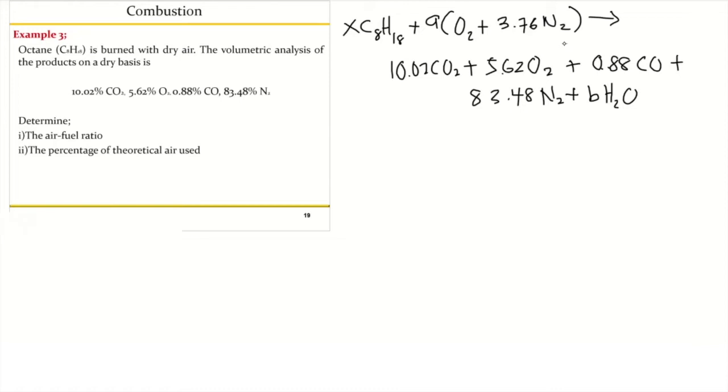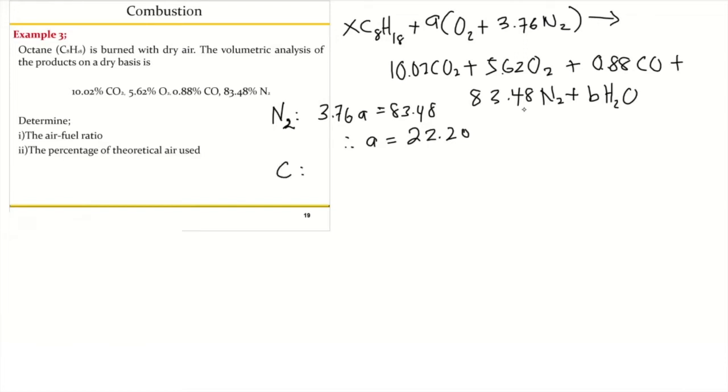Let's start with nitrogen, N2. We have 3.76 A equals 83.48 nitrogen. Therefore A is 22.20.